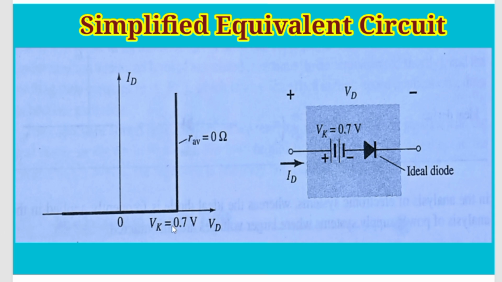The reduced equivalent circuit appears here. It states that a forward biased silicon diode in an electronic system under DC conditions has a drop of 0.7 volt across it in the conduction state at any level of diode current.